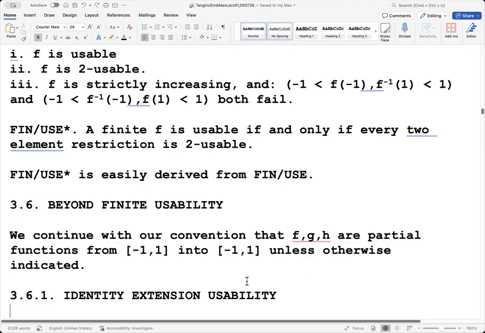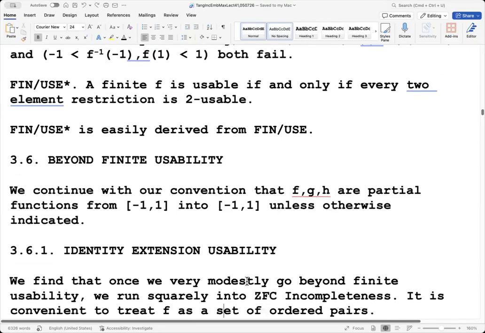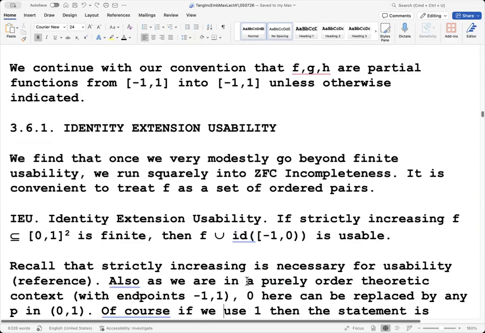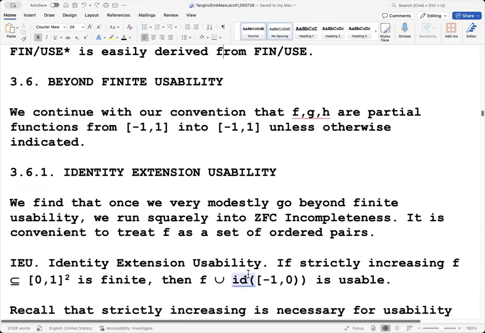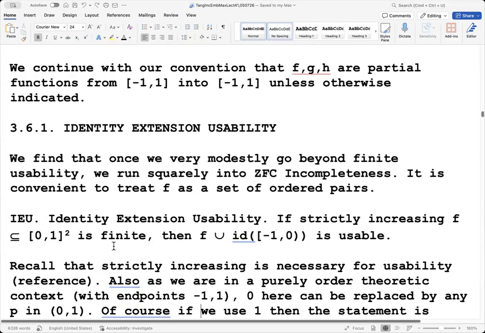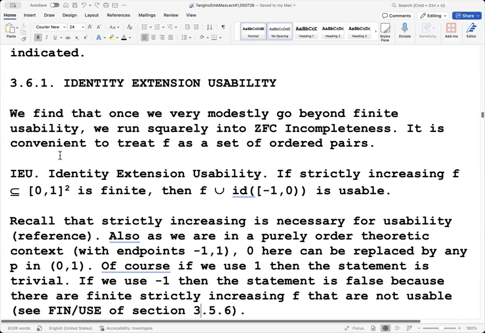Now we get into large cardinals. Okay, so it's called identity extension usability. If we go very modestly beyond finite usability, we run squarely into ZFC incompleteness, and it's convenient to treat F as a set of ordered pairs.